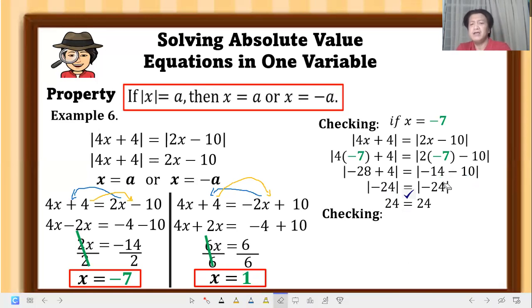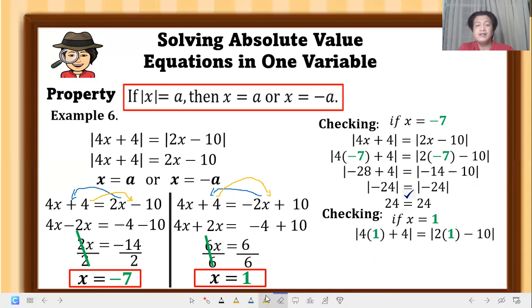Okay, what if naman if x is equal to 1? Okay, check natin kung magsasatisfy siya. All you have to do is substitute to the given equation natin. And you have to simplify. What is 4 times 1? 4 yon. Plus 4, kaya nga siya that is absolute value pa rin siya. And 2 times 1, 2 yon. Kaya 2 minus 10. And if you're going to add, what is 4 plus 4?